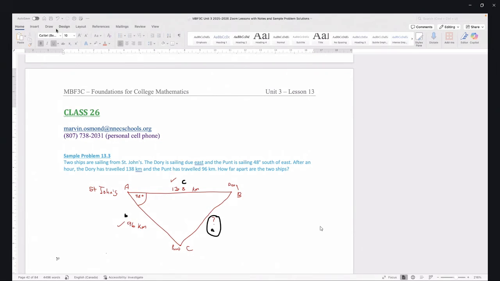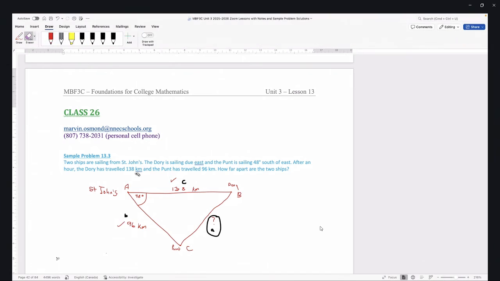That's great when the diagrams are drawn for you. But in some cases, we have to solve word problems where the diagrams aren't given to us. They're not drawn for us. So in those cases, you'll have to draw the angles and the sides yourself.